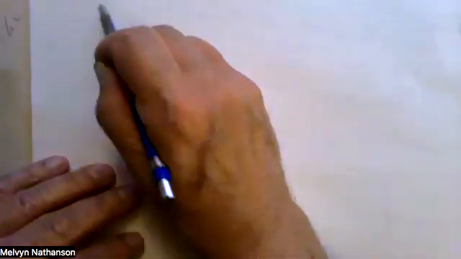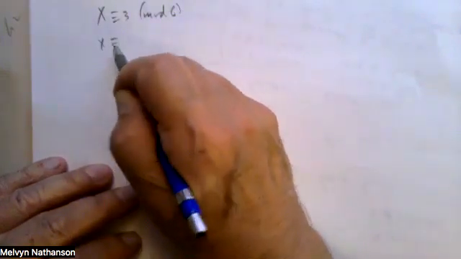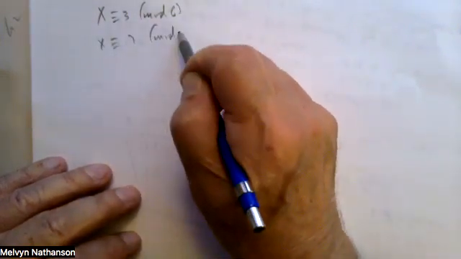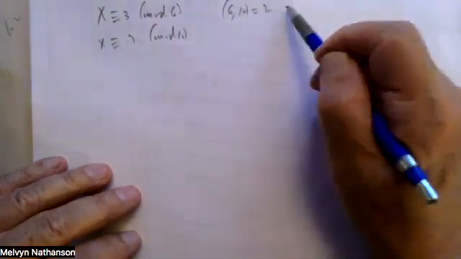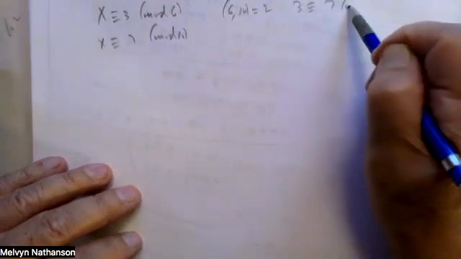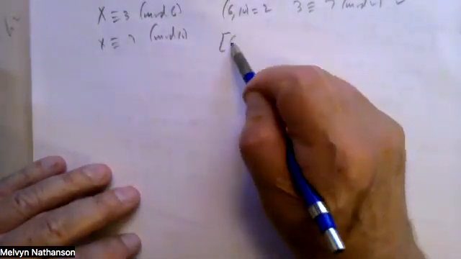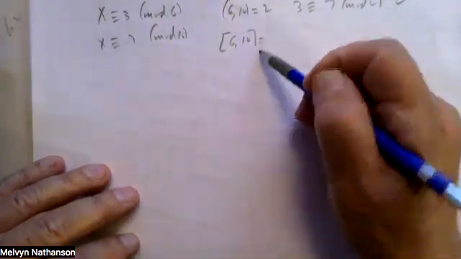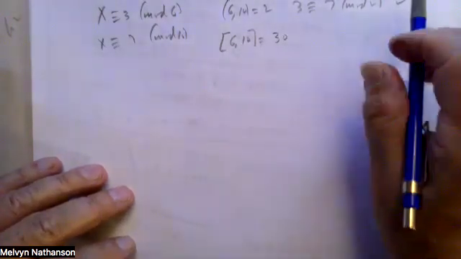If we go back to our very first example, we had x congruent to 3 mod 6, x congruent to 7 mod 10. The greatest common divisor of 6 and 10 is 2, and 3 is congruent to 7 mod 2, so there's a solution. And the least common multiple of 6 and 10, the smallest integer divisible by both 6 and 10, is 30.